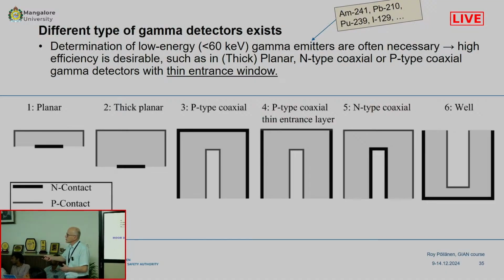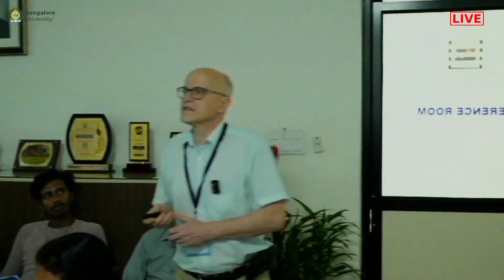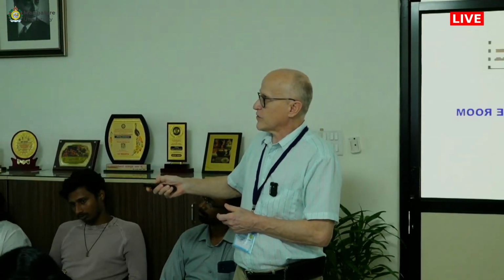We have also this kind of well detector, so you can put your sample, which is generally a test tube, inside the detector if this detector is very large. But what I have found is that there is a problem of coincidence particles, and it is very difficult to take into account in the case of a well detector.